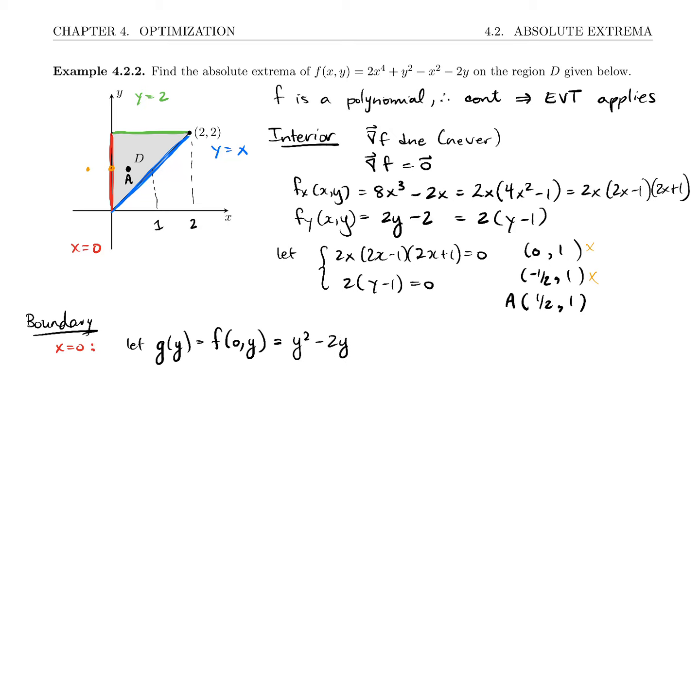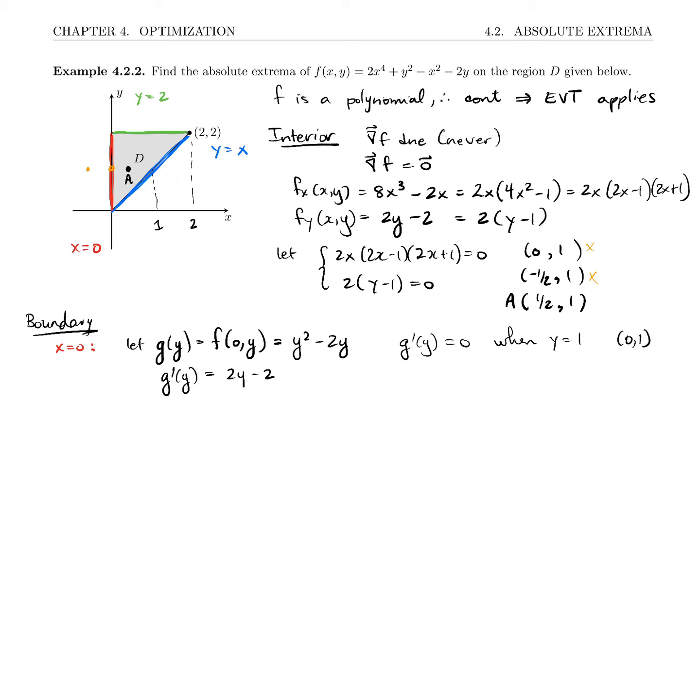We want critical points of the boundary curves. So we want places where g prime is equal to 0 or does not exist. g'(y) is 2y - 2. So g'(y) is equal to 0 when y is equal to 1. That is giving us a critical point on the boundary. That is (0, 1).